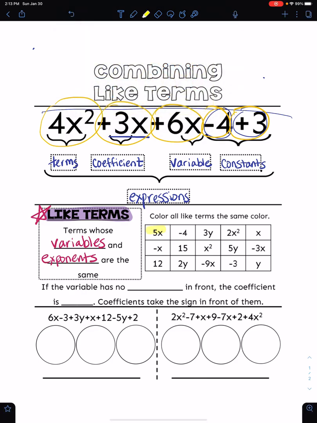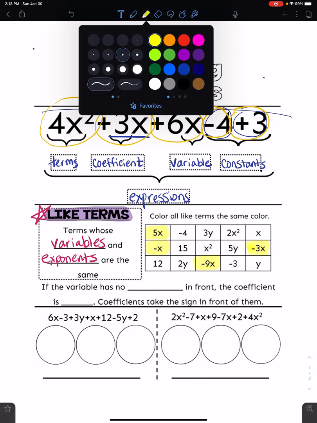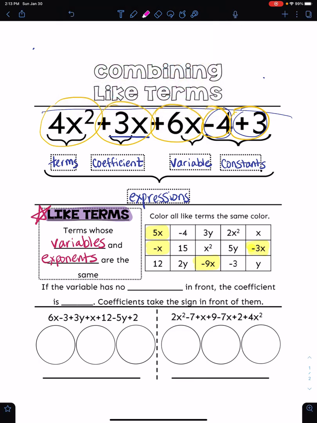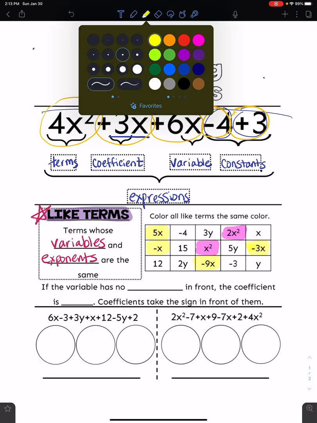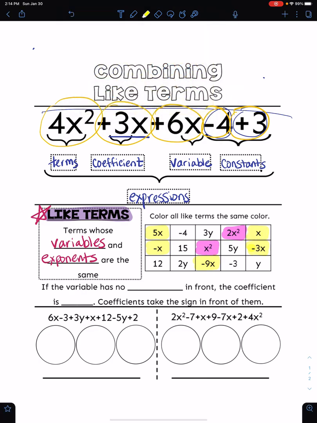So everything with just an x is a like term. Just an x, not an x squared, because they would not have the same variable and exponent. They have to have the same variable and exponent to be like terms. So we highlighted all of the terms with x. Now let's highlight all of the terms with x squared. Oops, do you see where I forgot an x? Right here.